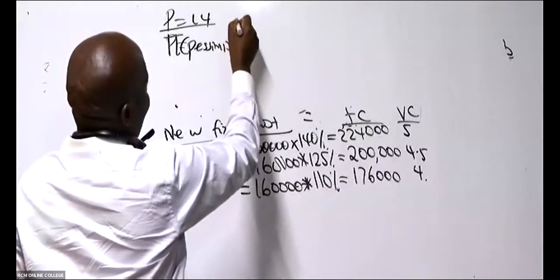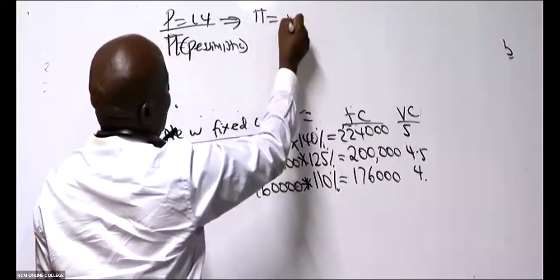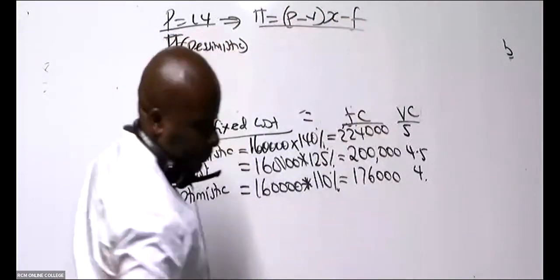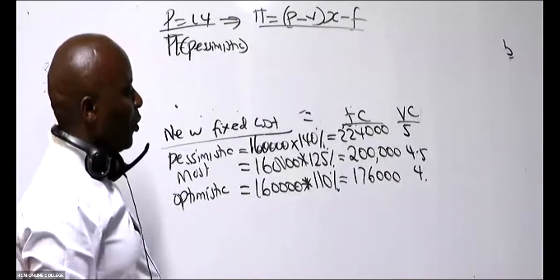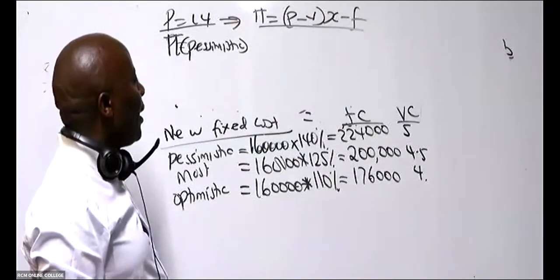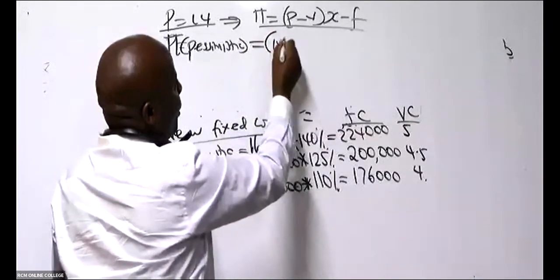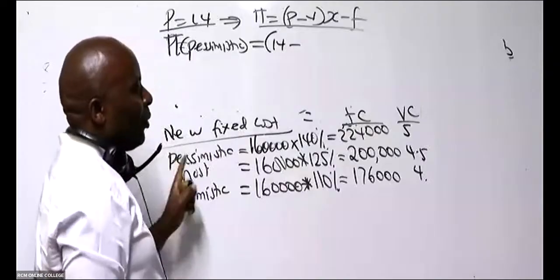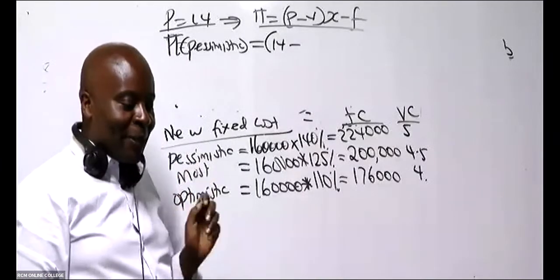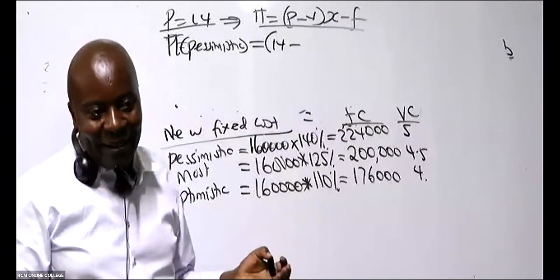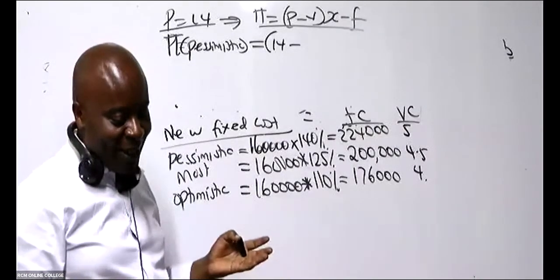So we know that profit equals P minus V. If we charge a price of 14, then the price here will be 14. Pessimism. Are you able to see the variable cost under pessimism? Pessimism, what is the variable cost? 5.